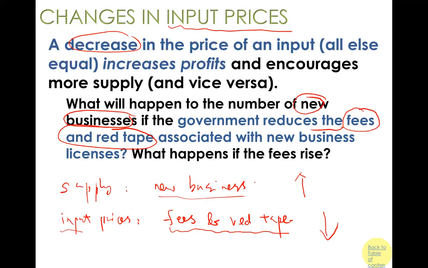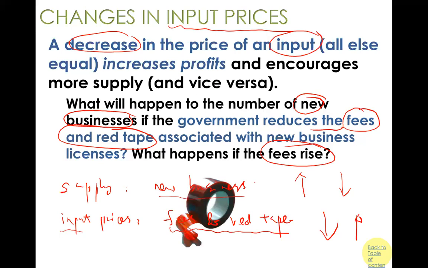On the contrary, if the fee rises, think about it due to corruption, it becomes more costly to set up a new business, and then the supply will decline.